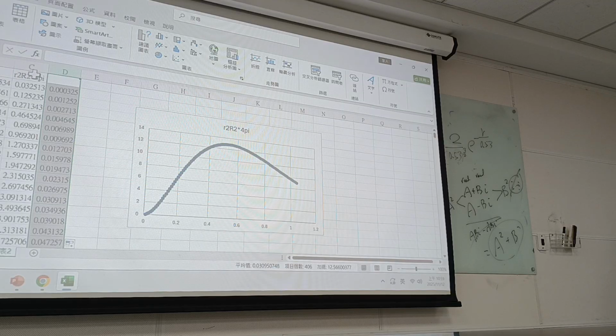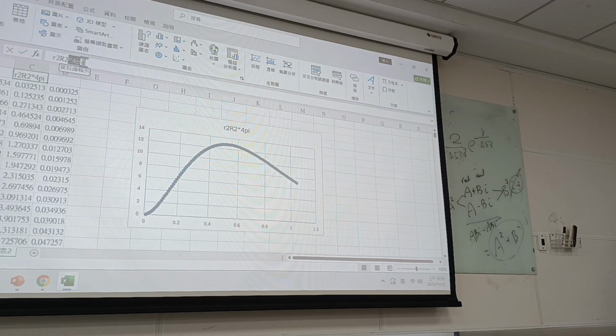R squared multiplied by 4 pi. How if I don't multiply 4 pi?